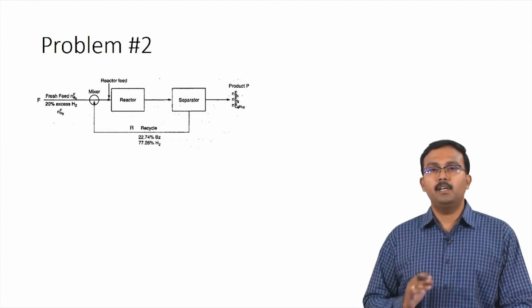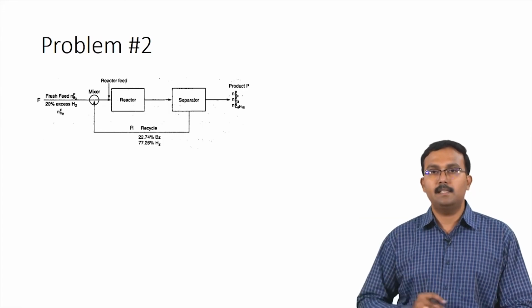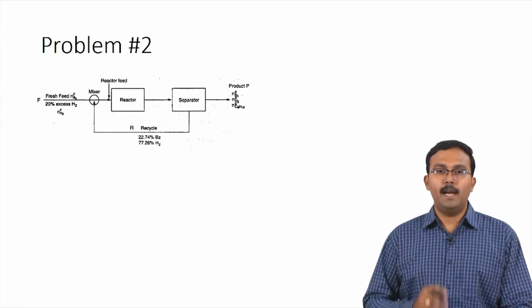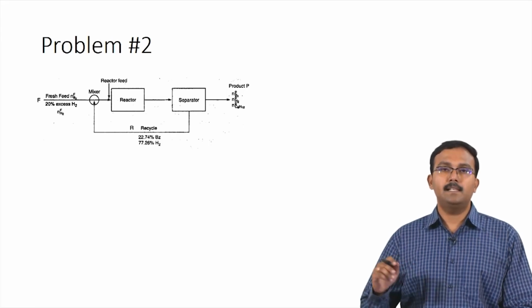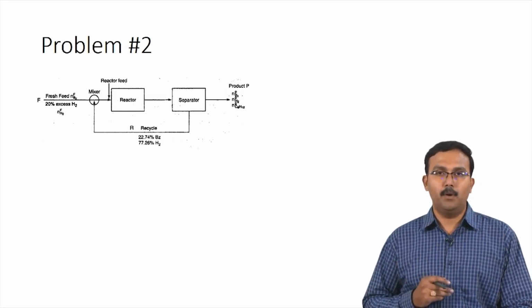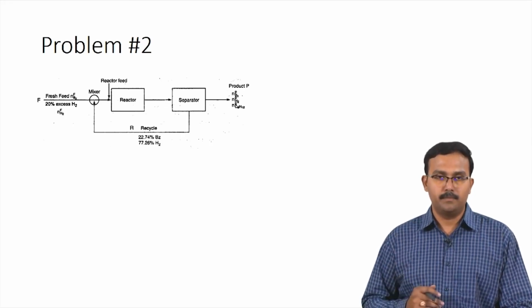The other important information which has been asked in the problem is to calculate the recycle ratio. Now, for identifying the recycle ratio, we need to choose a system where the recycle stream crosses the system boundary. So, what would be an appropriate system that we can choose?